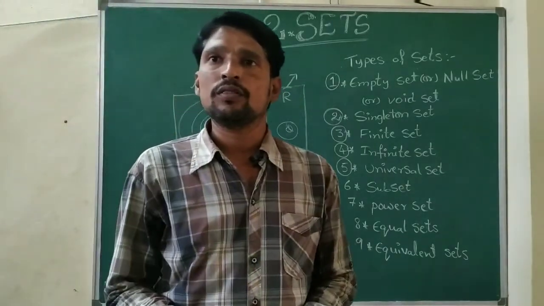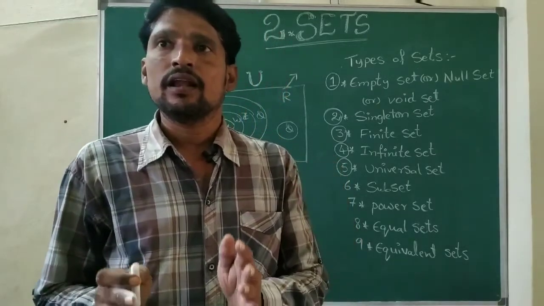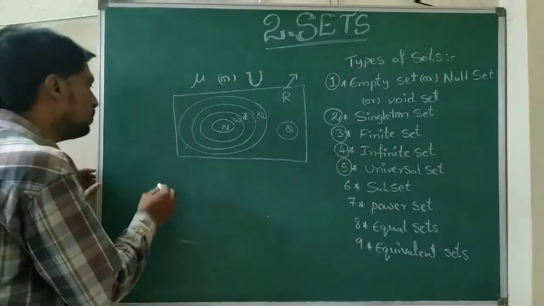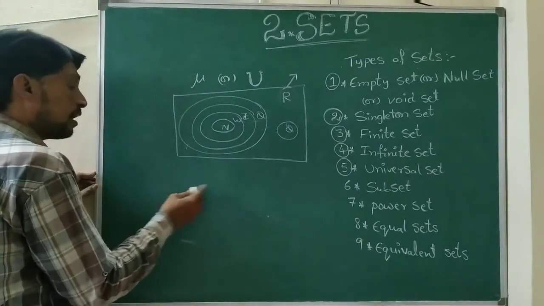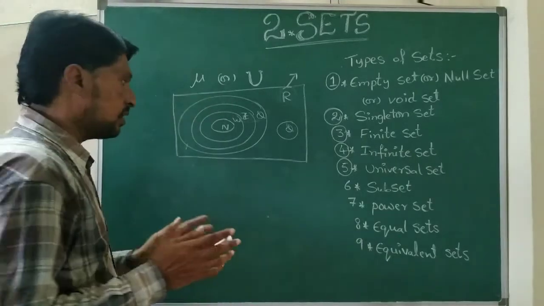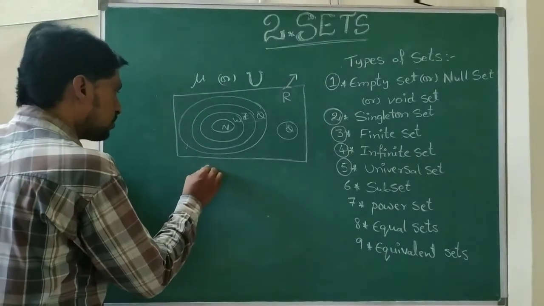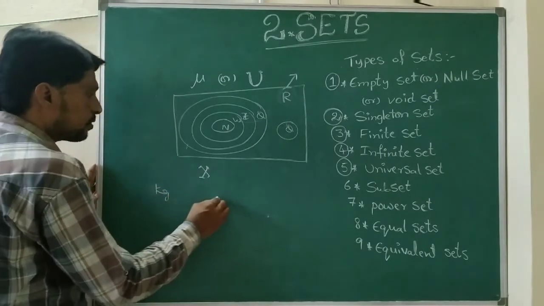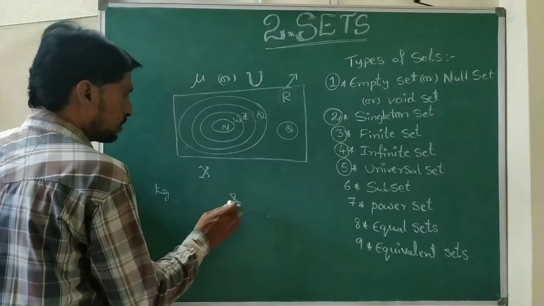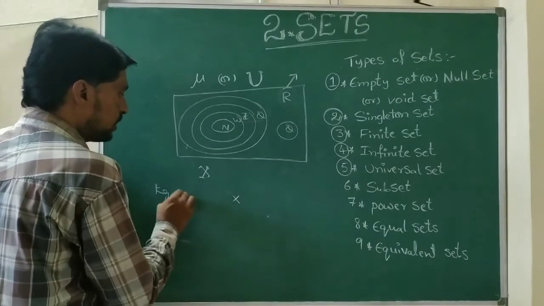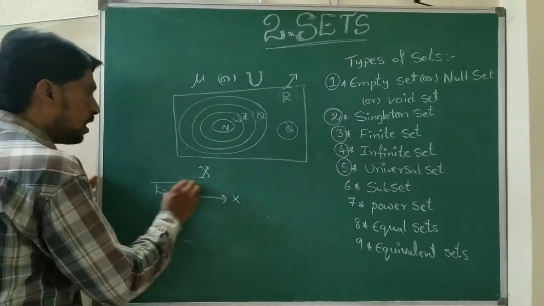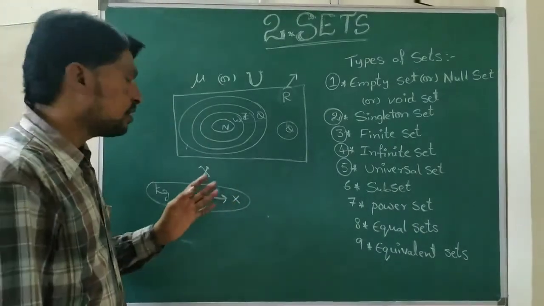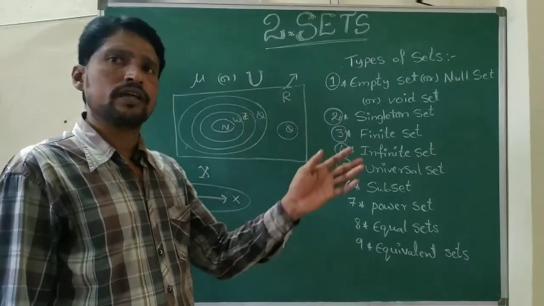One more example. Consider all the students in a school. I am taking some school X, from KG to 10th class. So all the students means LKG, UKG, first, second, third, up to 10th class.